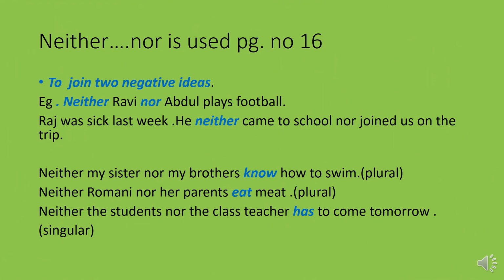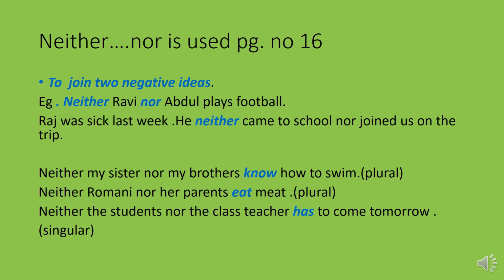Neither nor is used, page number 16. So when you use neither nor to join two negative ideas. Examples, neither Ravi nor Abdul plays football. Raja was sick last week. He neither came to school nor joined us on the trip. Neither my sister nor my brothers know how to swim.